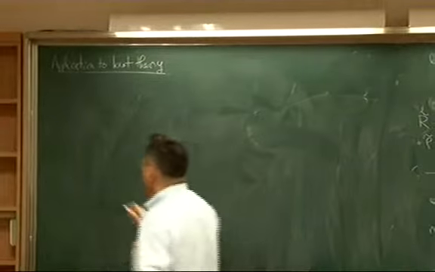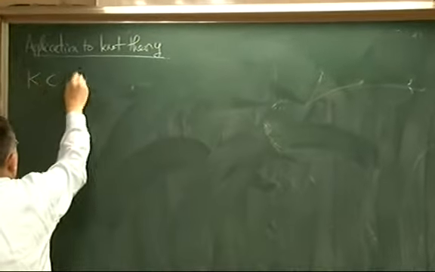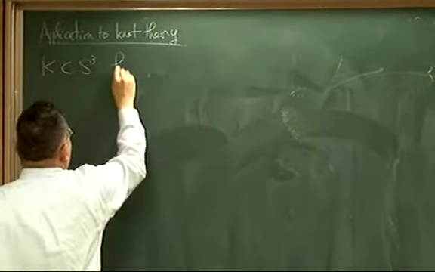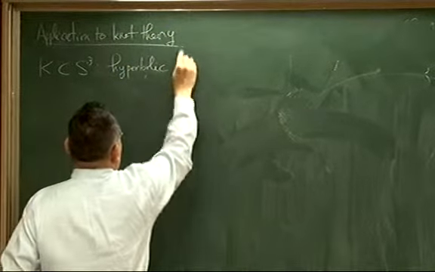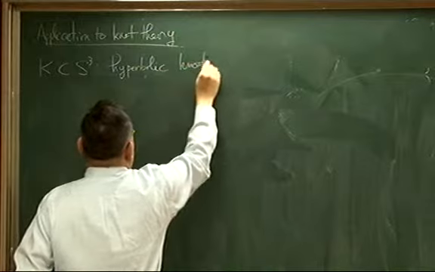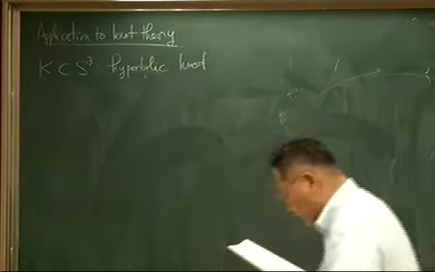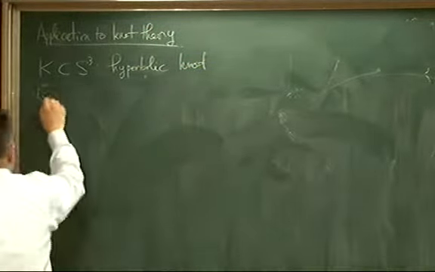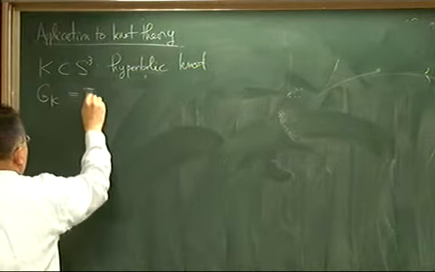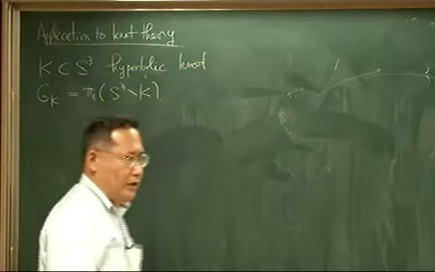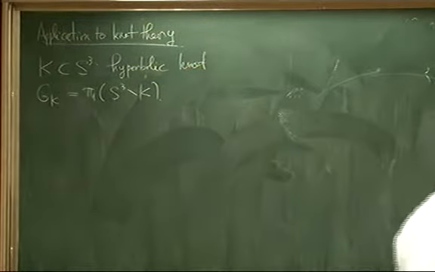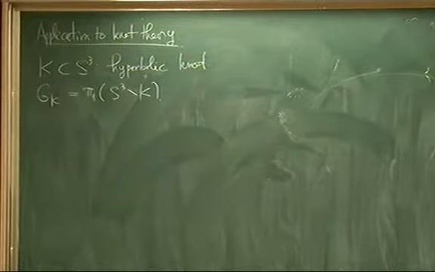Suppose K is a hyperbolic knot in S^3, and G_K is the knot group. As I said, it's a knot group. I always have some analogy between the knot group and the Galois group, the prime group.